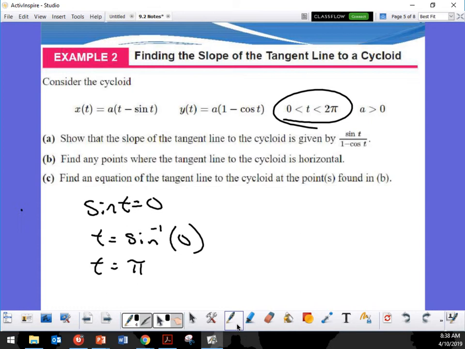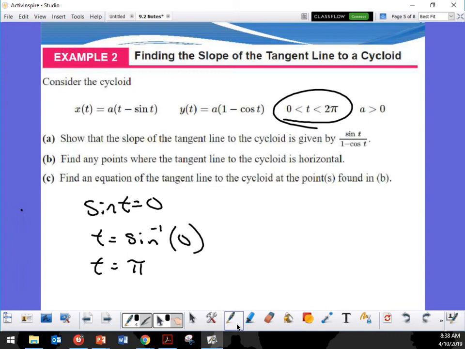Cosine at pi is negative 1. Oh, sorry, 2. So it gives me 2 on the bottom, right? So does that one work? Yes, that one does make it work. So for my derivative, I do not get 0 over 0, and I get the point when t is equal to pi. Okay, so I found all the points where it's going to be a horizontal tangent.